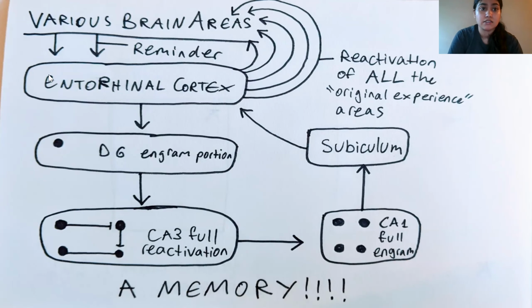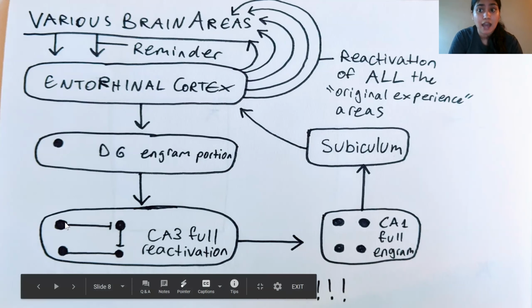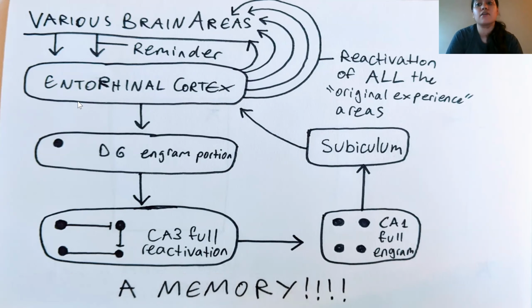So this tiny bit of the experience, a reminder, is going to end up reactivating the entire experience's engram in CA3. This activates an engram in CA1, the full engram, and through the subiculum, it's going to reactivate now all of the areas of entorhinal cortex that were active during the original experience.